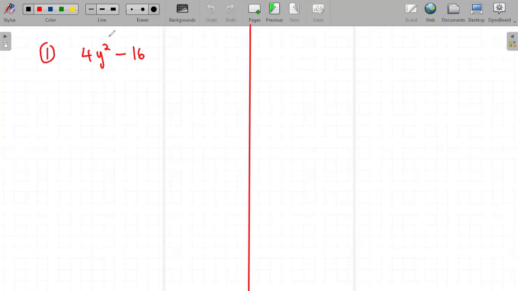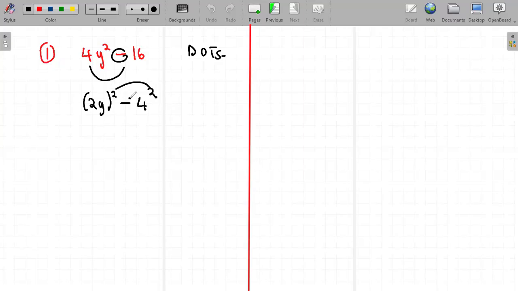All right, the moment you see negative and 2 values, you should think of dots. But then let's see something. How can I write 4x squared? I can write this as 2y all squared. 2 squared is 4, y squared is y times y. Okay, minus 16 can be written as 4 to the power of 2.